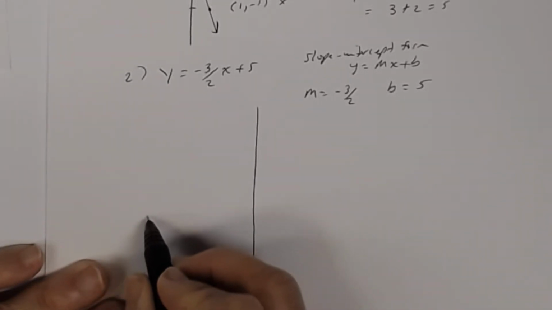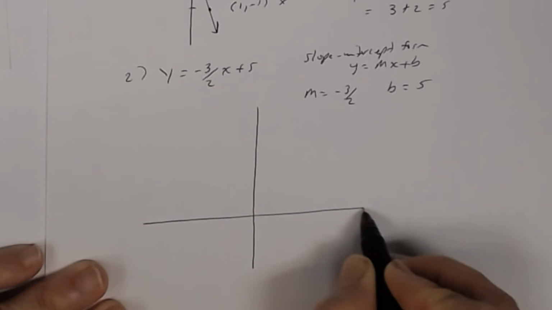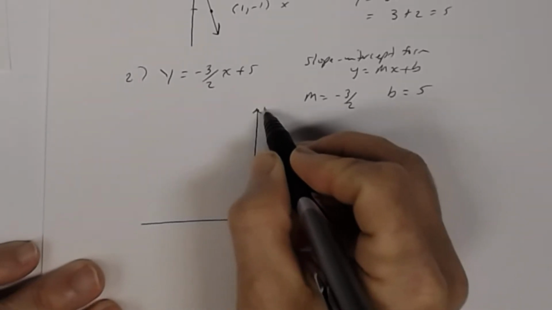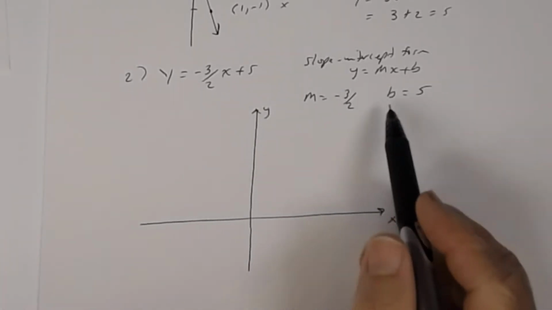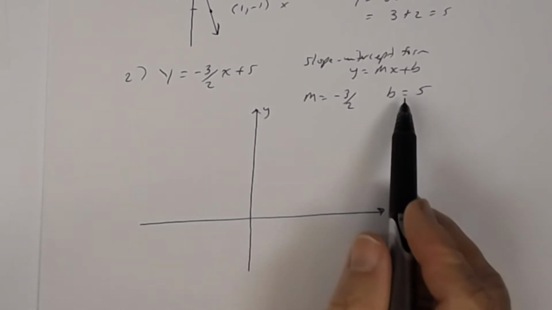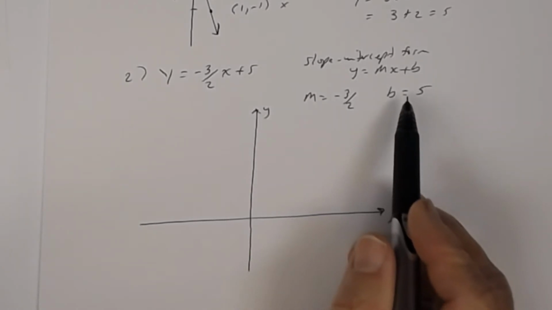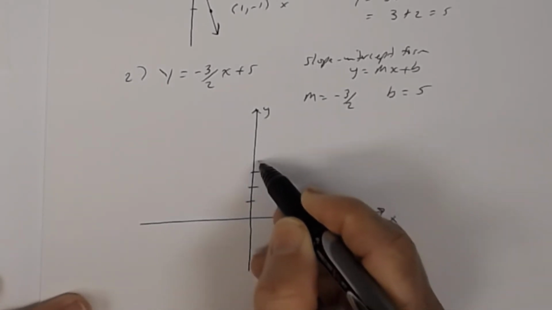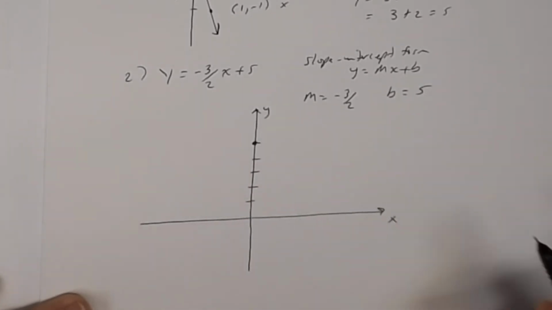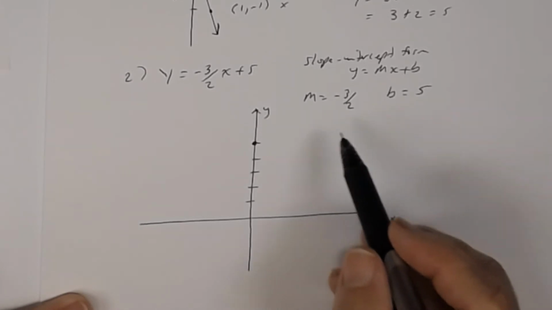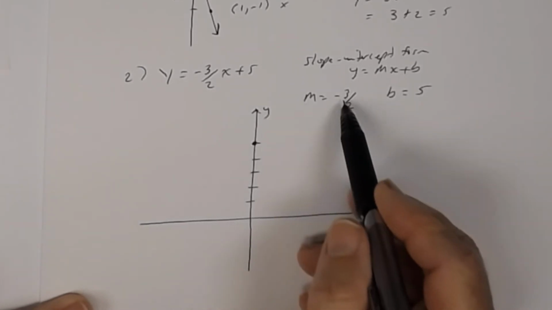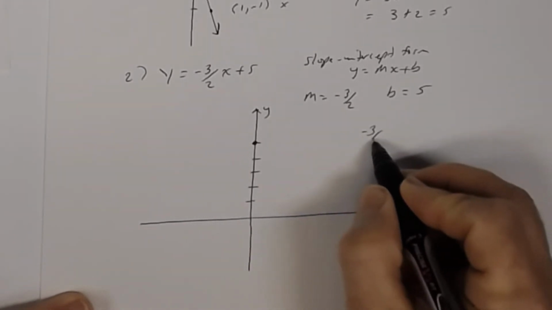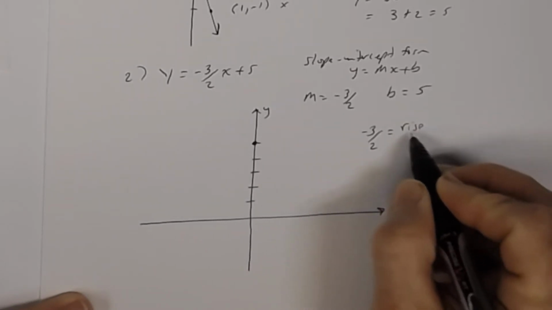Okay, so let me go ahead and draw the x and y axis. And so remember, to graph a line, you need 2 points. So one of the points is this y-intercept. That's where the graph crosses the y-axis. So I'm going to go 1, 2, 3, 4, 5. Okay, and then the slope is -3/2. So remember, the slope is rise over run.